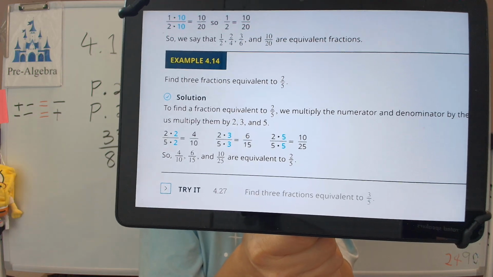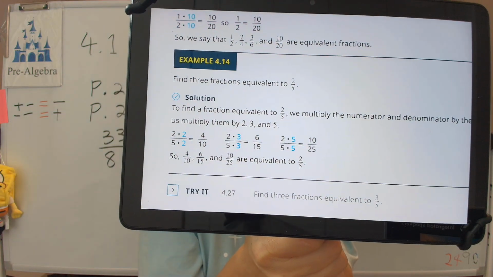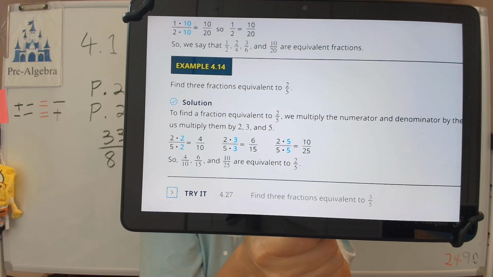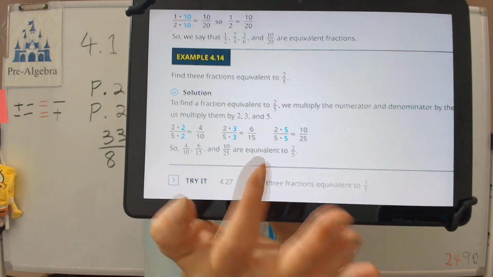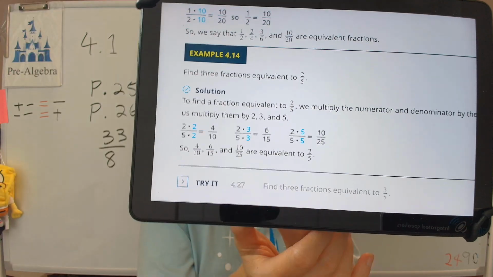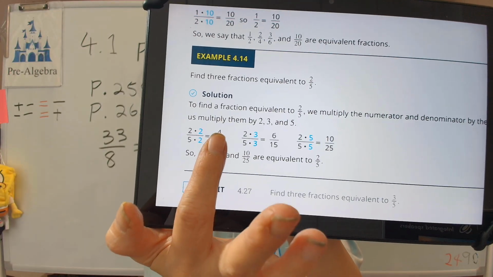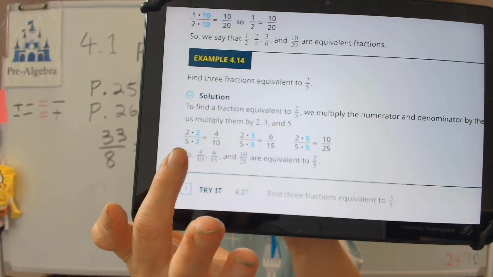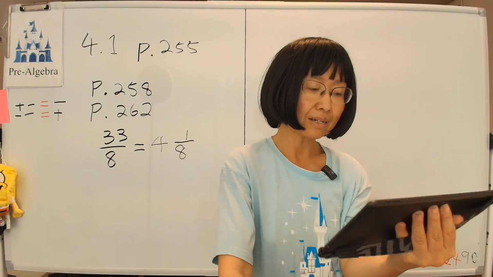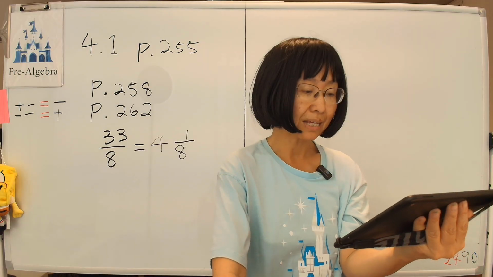Then 2/5 equals 4/10, because you cut it some more. And 2/5 is also equal to 6/15. That means if you take 2 out of 5, it's the same as 4 out of 10. If you cut your pie into 10 pieces and eat 4 pieces, that's the same as cutting your pie into 5 pieces and eating 2 pieces. And if you cut it into more, it's the same as 10 over 25.